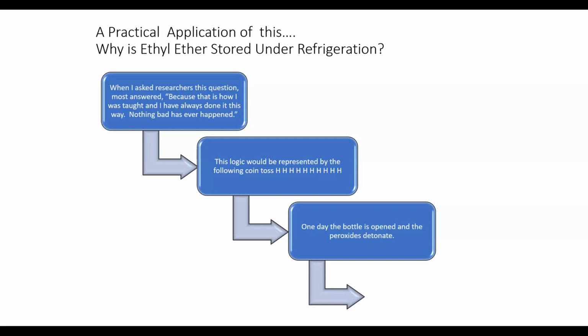And so we want to make sure that we don't let these kinds of solvents sit around in our lab forever. We want to use them up. But if you store your peroxide in the refrigerator, and I'm going to talk about that on the next slide, the logic then becomes tails, that last time where it detonated, and we have boom.